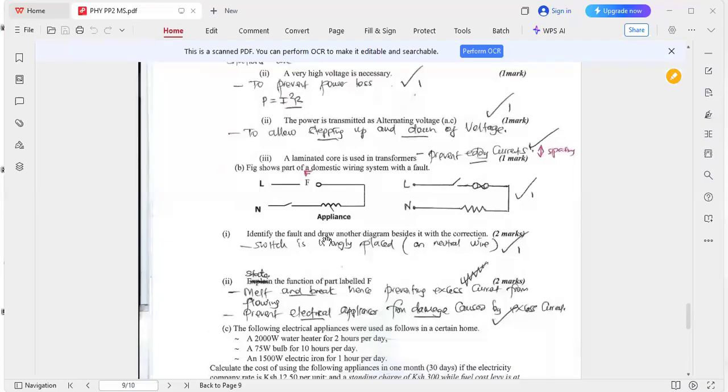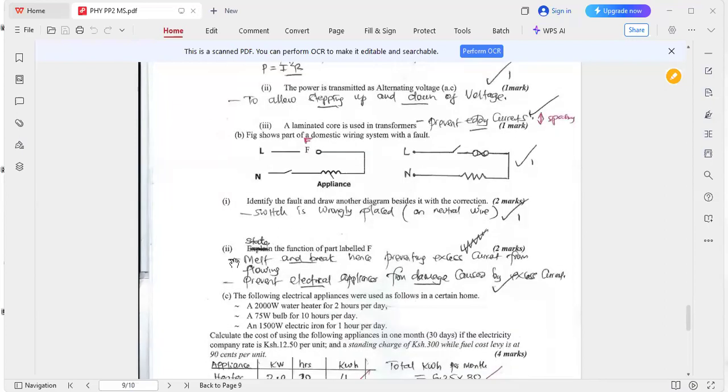The fault is the switch is placed on the neutral. All switches and all fuses should be on the live wire, not neutral. So this is the correction.